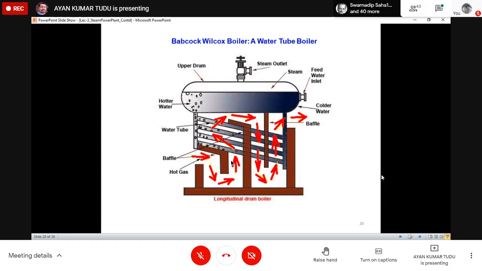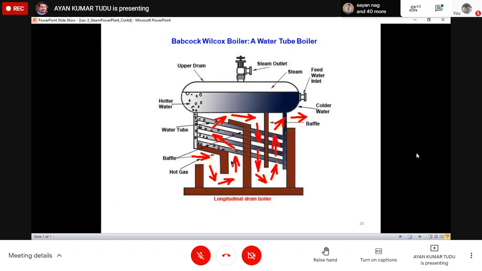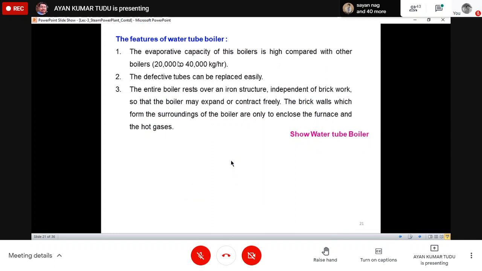I think all this is written here also. Yes, here it is written. So this is the water tube boiler, and what I have just told is all written here.